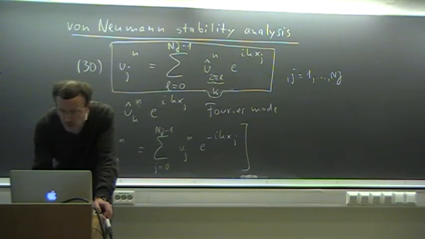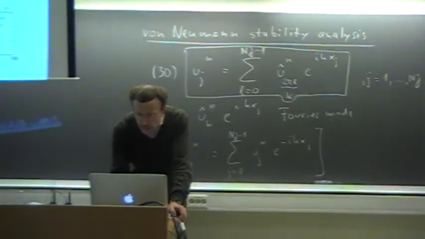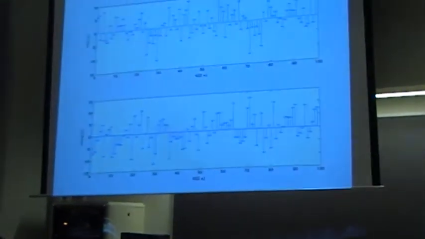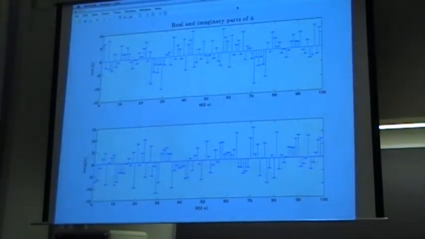In this example, the real part and the imaginary part of the Fourier transform are shown. That is u hat, the real part and the imaginary part. You see above, they are spread all over the place, so there we have no real pattern.